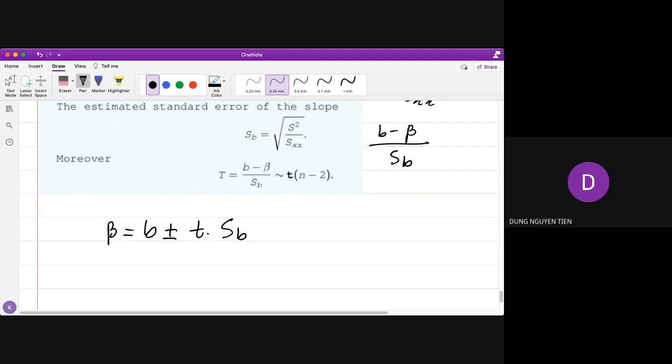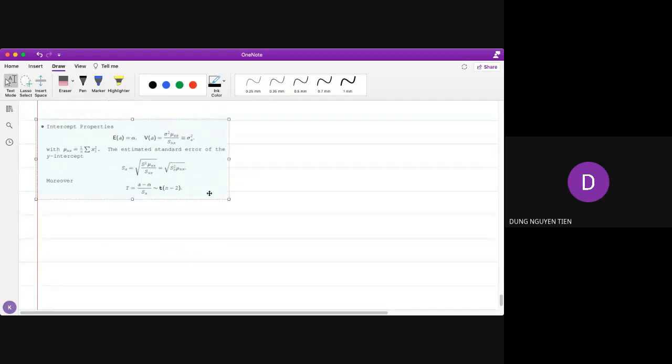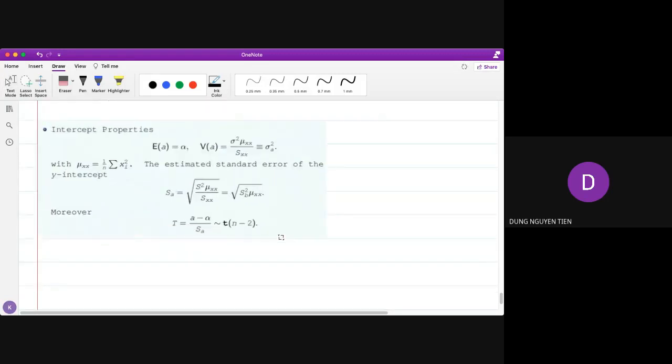We can also get a similar result for the y-intercept. This is what we get for the y-intercept. You can find the mean of A, which is alpha. It means that A is an unbiased estimator of alpha, right?